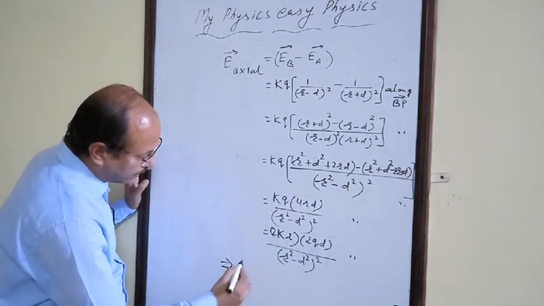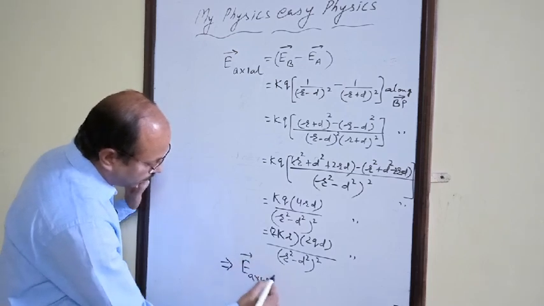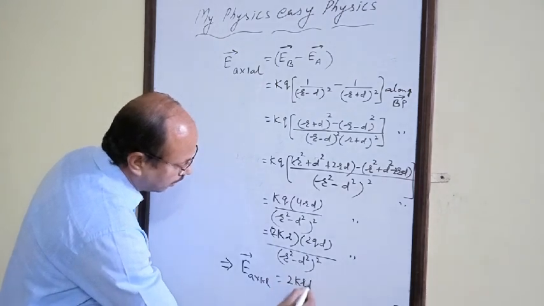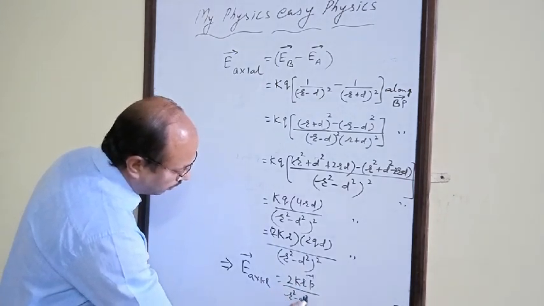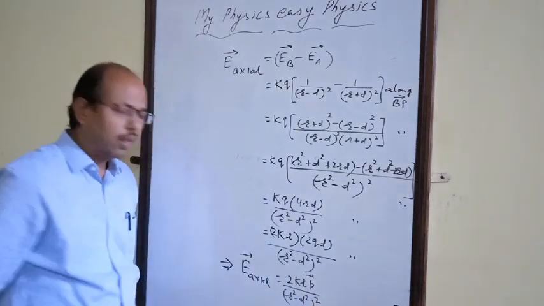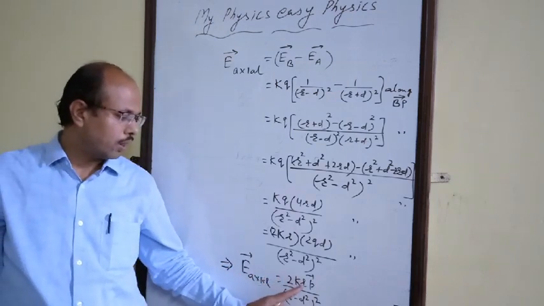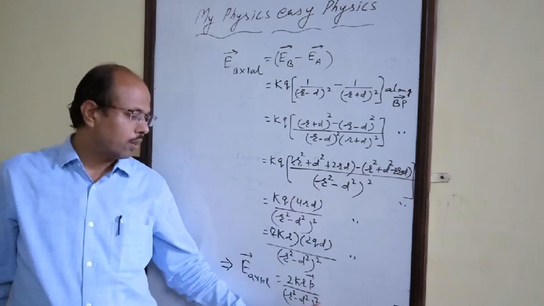So finally, we can write E axial equals 2KRP divided by (R square minus D square) whole square. This is our final expression. E axial equals 2KRP divided by (R square minus D square) whole square.